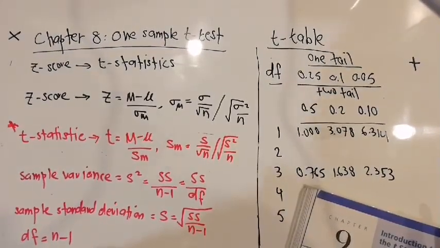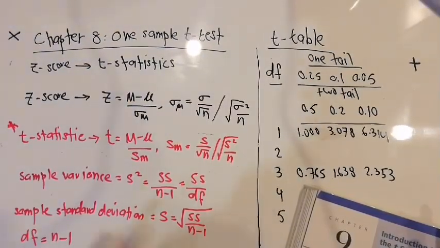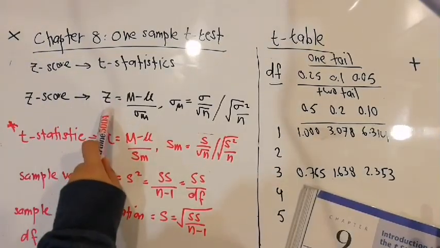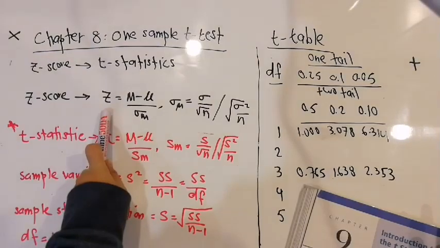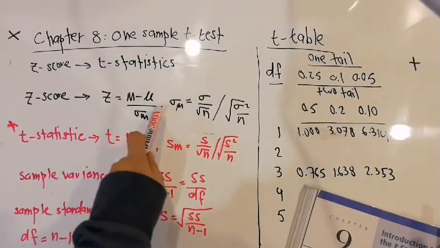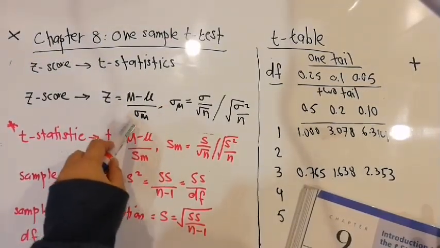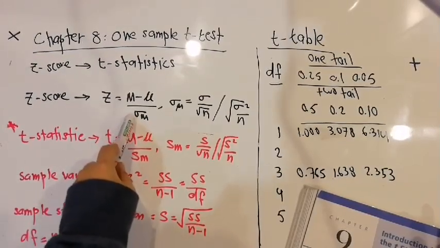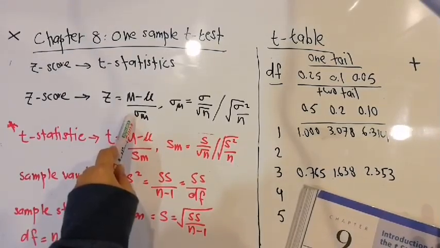If you can remember, in the last class we talked about the z-score, the formula is z equals M minus mu divided by standard error. And then you have to see the table of z at appendix B.